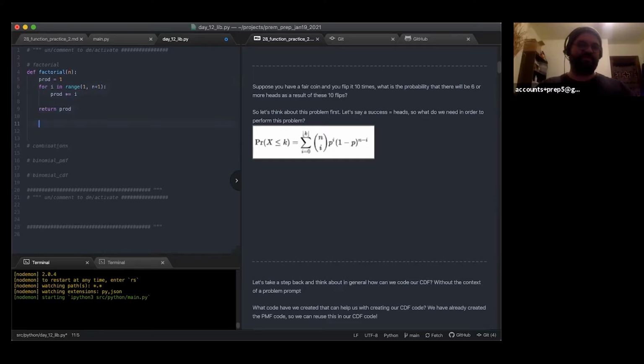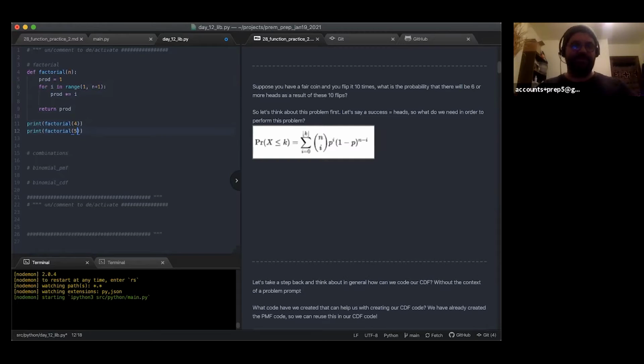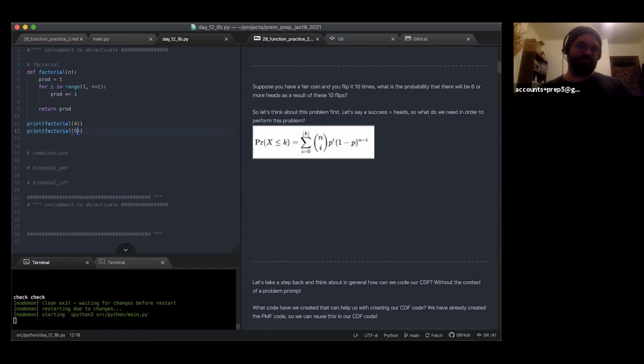Okay, let's test it, make sure I didn't make any mistakes. Factorial of 4 will be 24, 5 will be 120. Let's try it out. Good, okay, so that's a working factorial function. Leave our tests there.